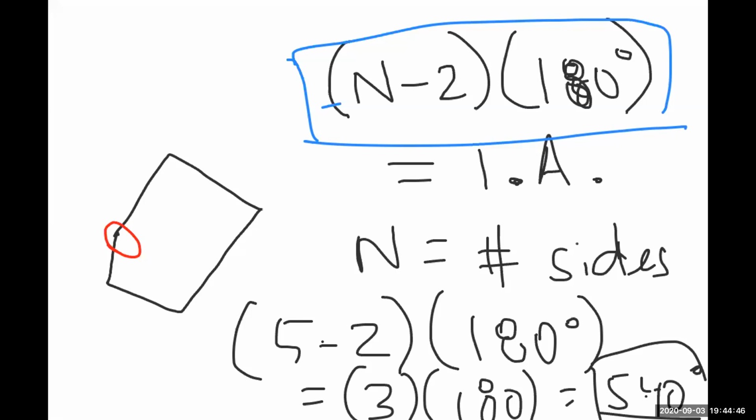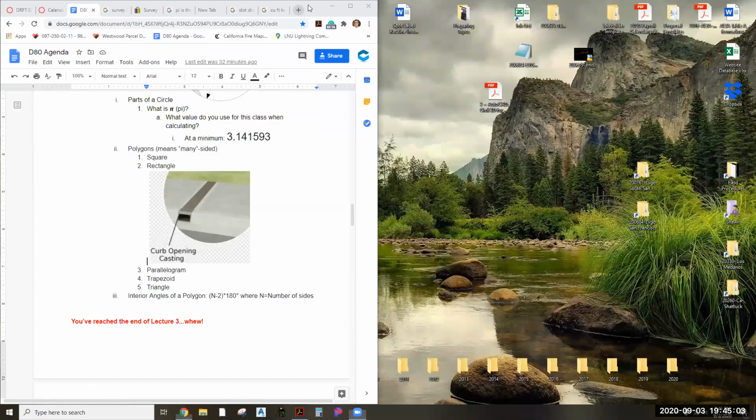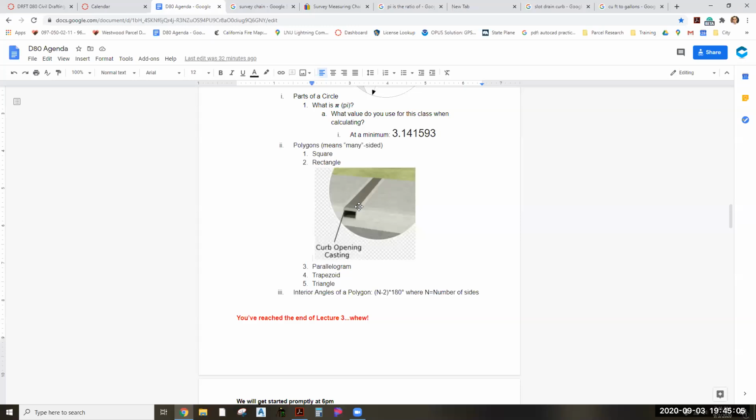Did I hit everything on the list? Let's see here. I put that picture there for you. We did parallelogram, trapezoid, triangle, interior angle.